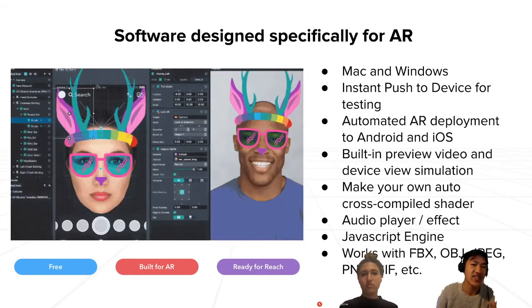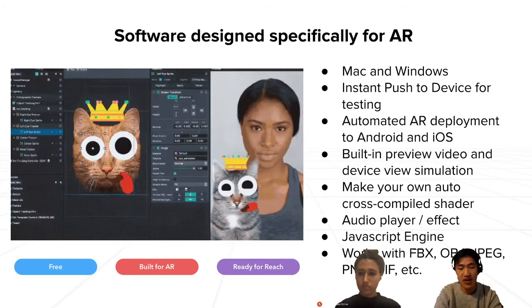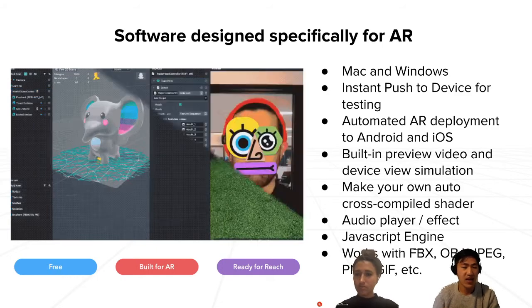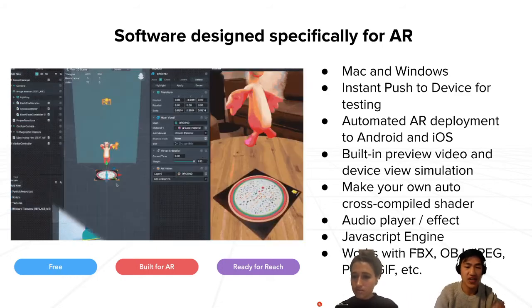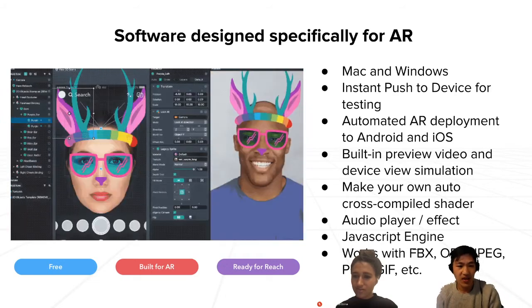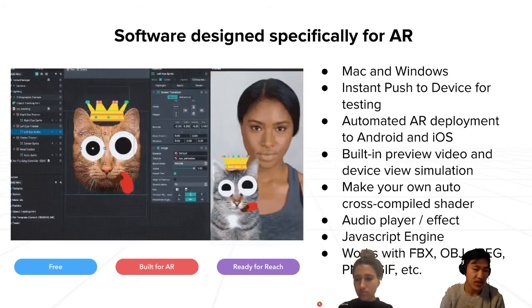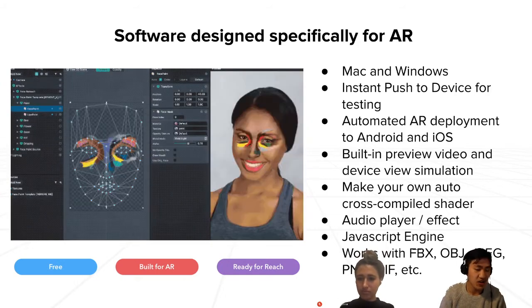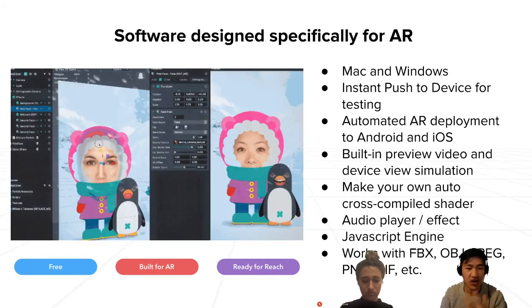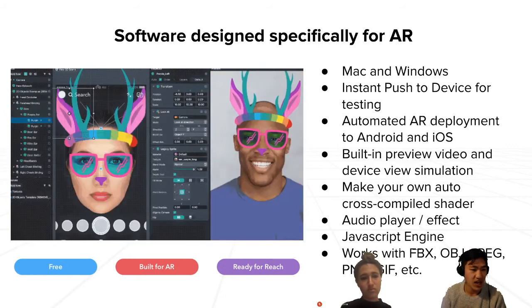And when I say that it's designed specifically for AR, that means we work for both Mac and Windows, Android and iOS. It also means we have a preview in Lens Studio itself. So as you're building your augmented reality experience, you don't have to guess by compiling and seeing how it works. As you're moving objects around the face, you can see it live on the face in real time.